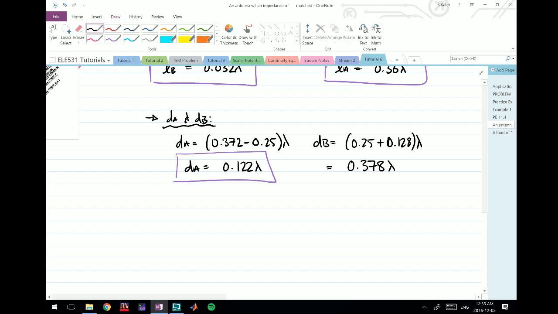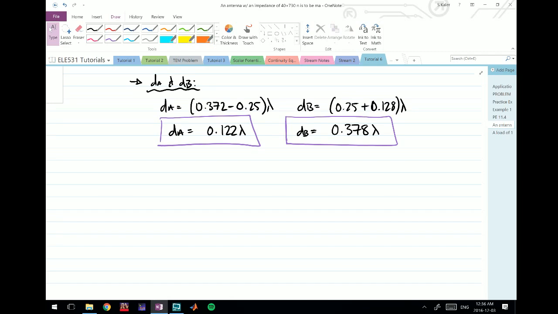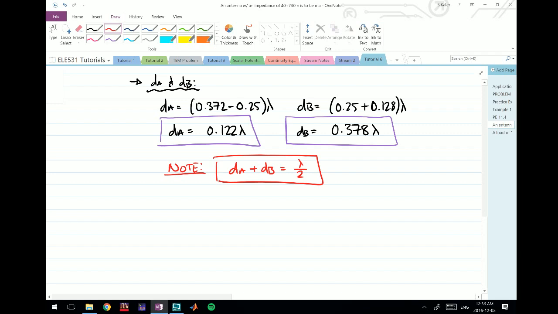Now if I add these two together, I will get 0.378 lambda. Now there's a really good way to check if you've done this problem correctly or not. And I don't think I mentioned this in the previous video on stub tuning, the foundation of it, but this is always true. I'll write here, note, dA plus dB is always going to equal lambda over 2. So if you found one, you found the other.